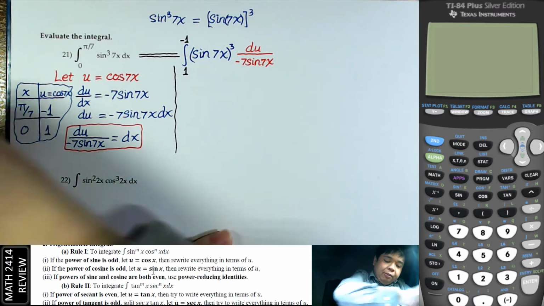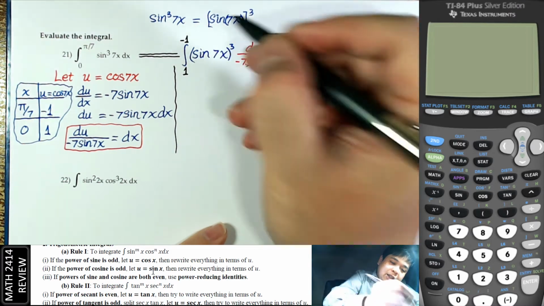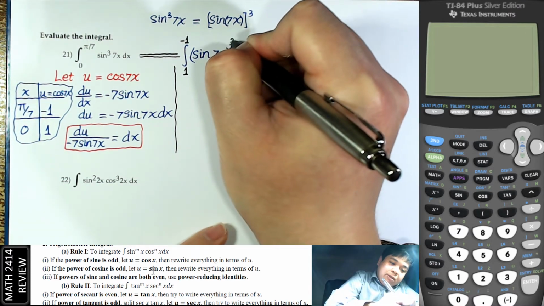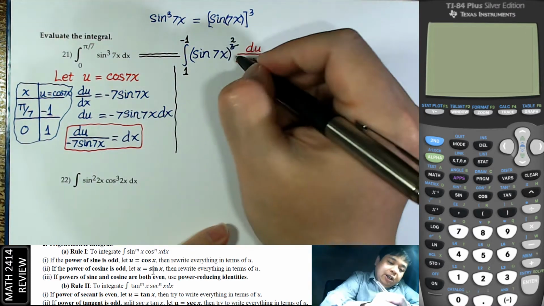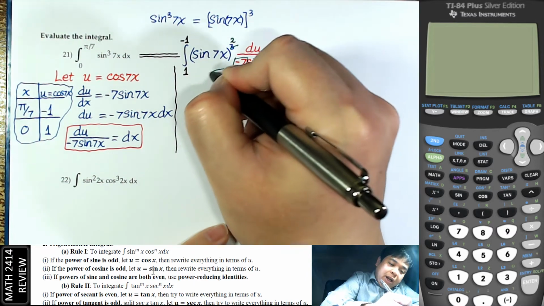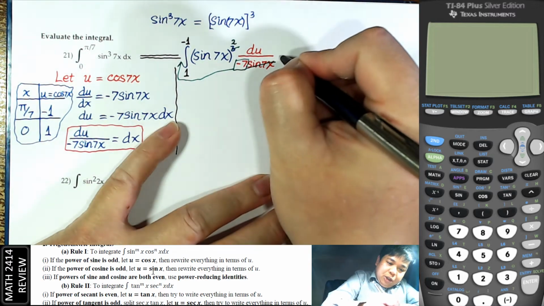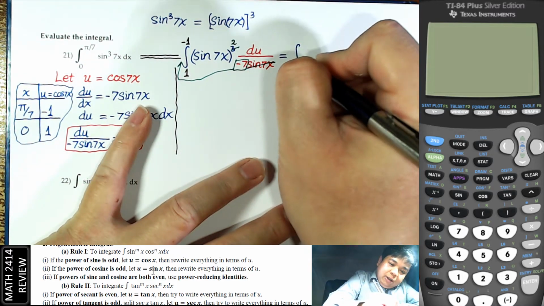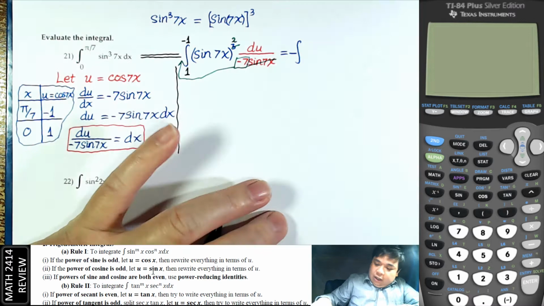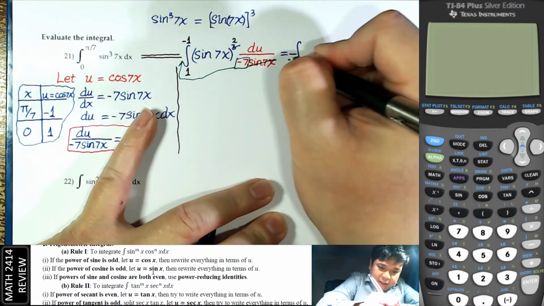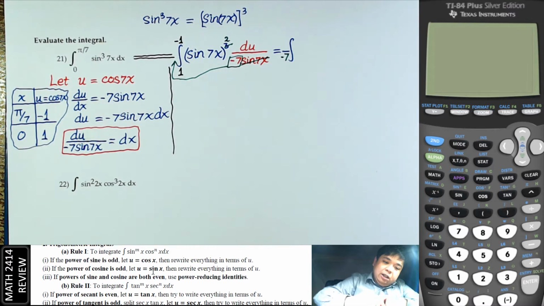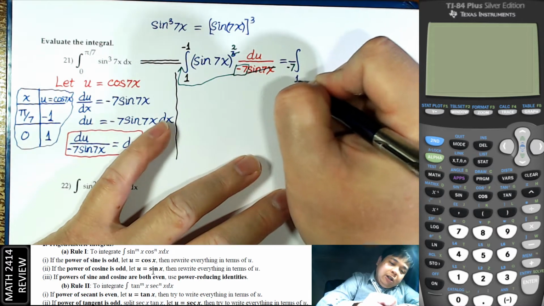Sine of 7x cancels, we have 2 of them left. The negative 7, bring it outside, stay at the bottom. And then du, so we'll have negative 1/7 from 1 to negative 1.